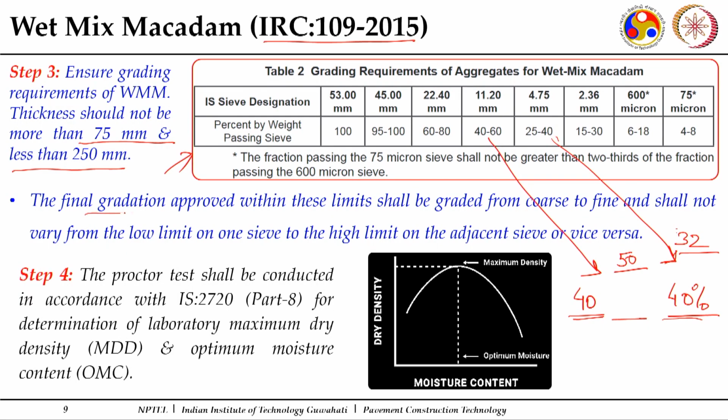This will not be accepted: the final gradation approved shall be graded from coarse to fine and shall not vary from the low limit on one sieve to the high limit on the adjacent sieve. Even if they fall within the ranges, it should not be, because it is the engineer in charge who will take the final decision.